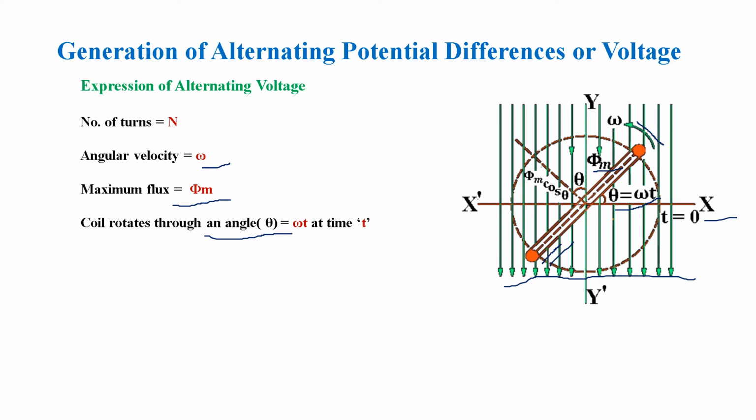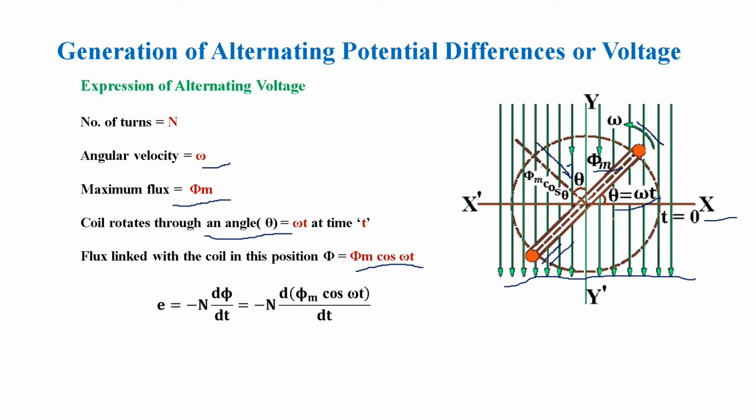In this deflected position, the component of the flux which is perpendicular to the plane of the coil is phi m cos theta, that is phi m cos omega t. This flux is responsible for the EMF generation.